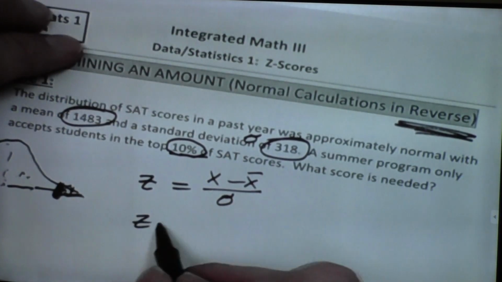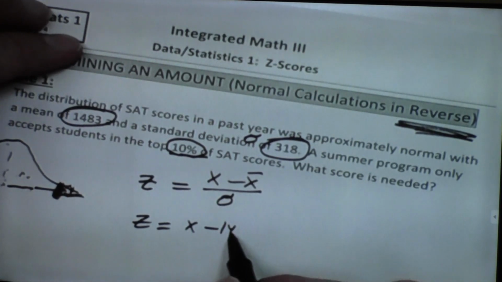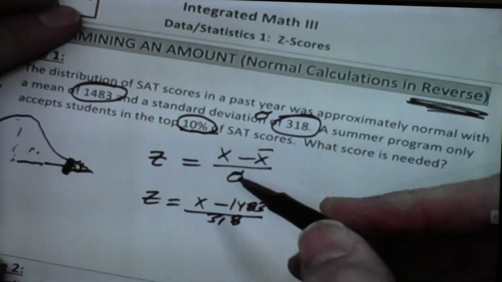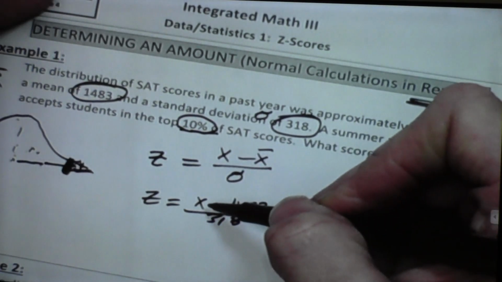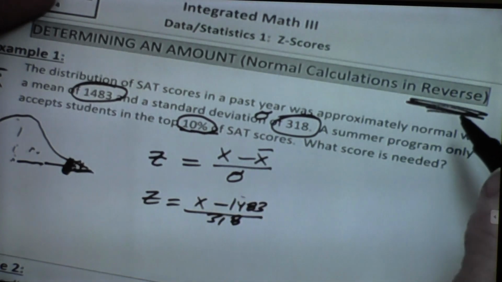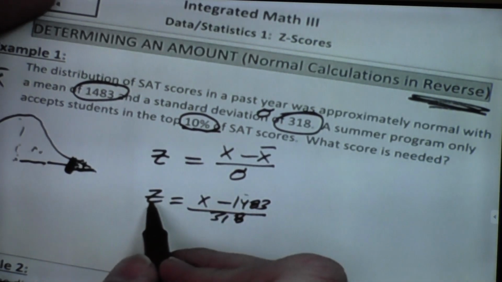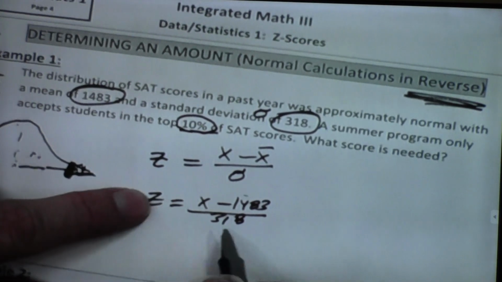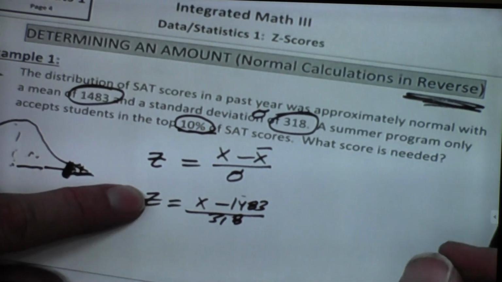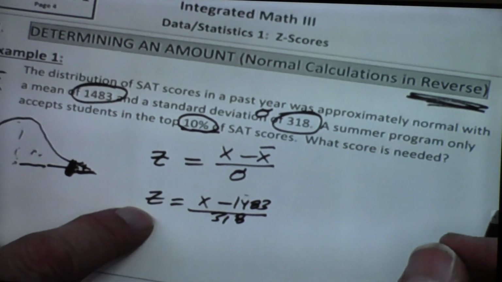So z is equal to x minus 1483 over 318. We don't know that amount. We need to know that. What's the score there that you would normally subtract from the mean? We don't know the z-score either. If we knew that, we could just multiply by 318 and add 1483, and we know what x is. So let's figure out how to get the z-score.